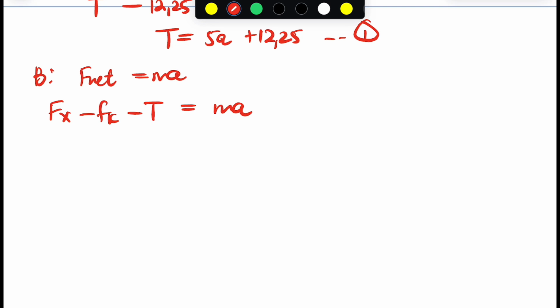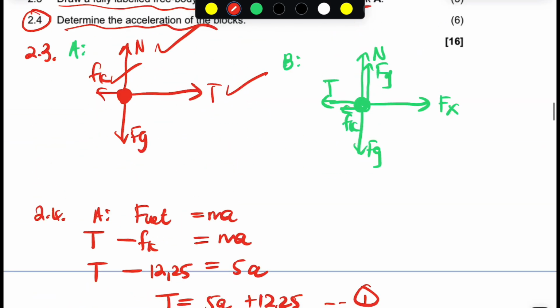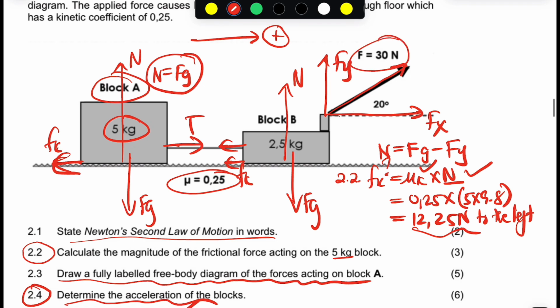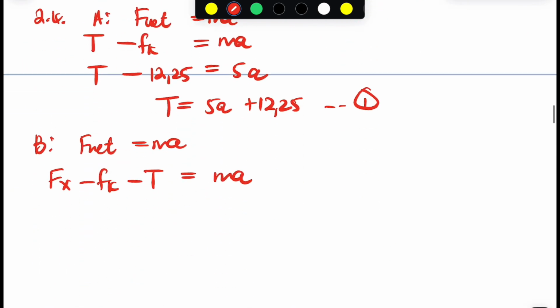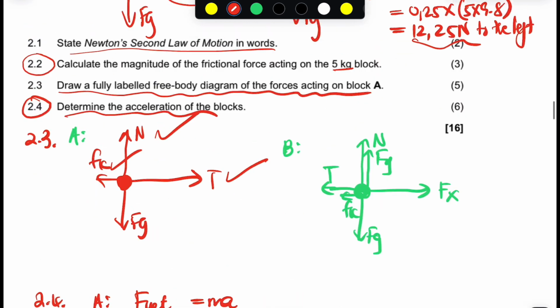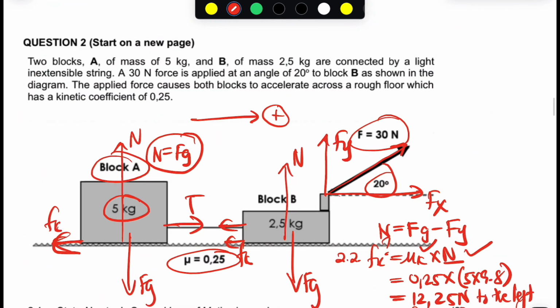Now let's substitute the Fx. The force is 30 and the angle is 20. So we're going to say 30 cos 20 degrees, minus the Fk of the 2.5 kg block, which is block B, which we haven't calculated.